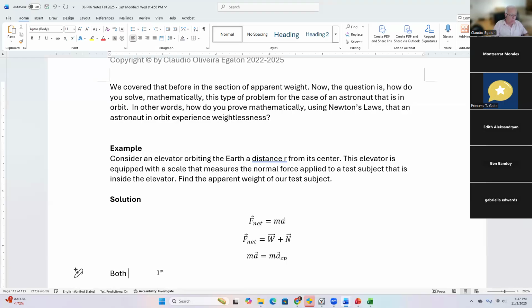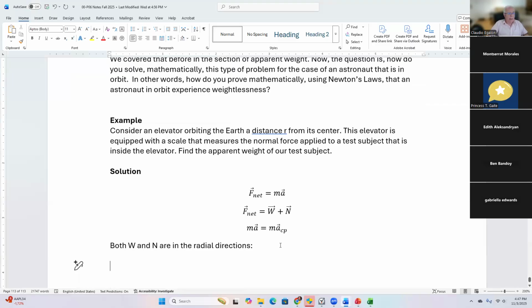Both W and N are in the radial directions, which is also along the centripetal direction.